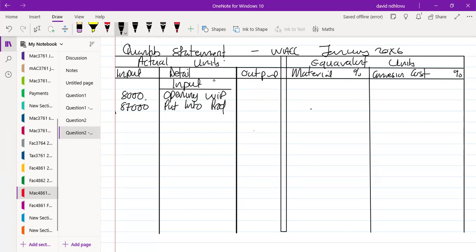But all input for this type of calculation is assumed to have been put in at the beginning. What does that tell you? All the units that are in the factory being produced are already 100% complete in terms of material. No material is going to be added along the process. From there, we then have output.